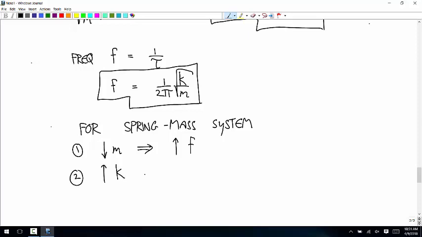Increase k, and that gives you an increased frequency. If you have a big heavy mass and a flimsy spring, it takes forever for that spring to turn the big mass around. And if you have a really stiff spring and you put a tiny little mass on it, it'll oscillate really fast.